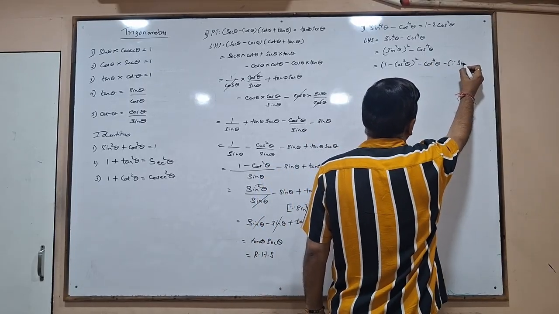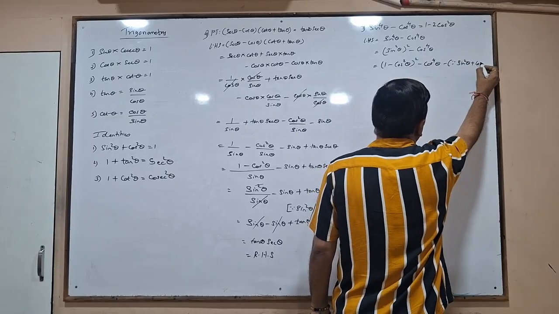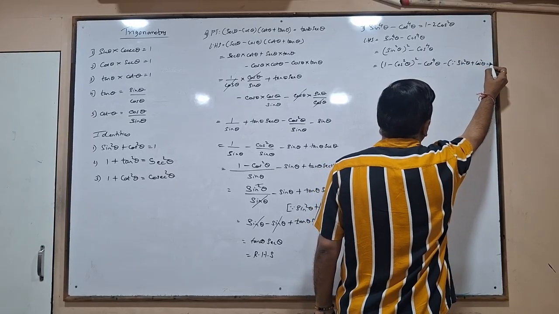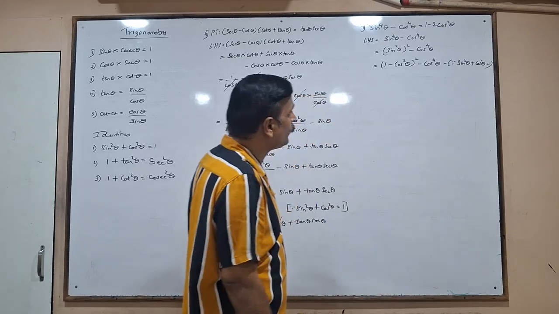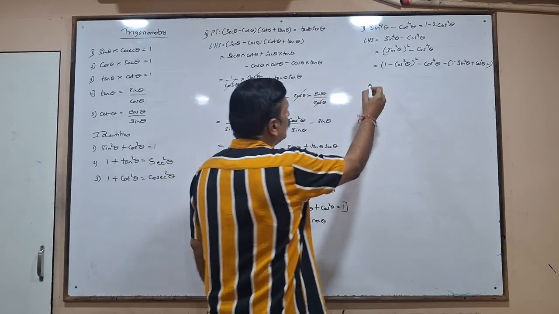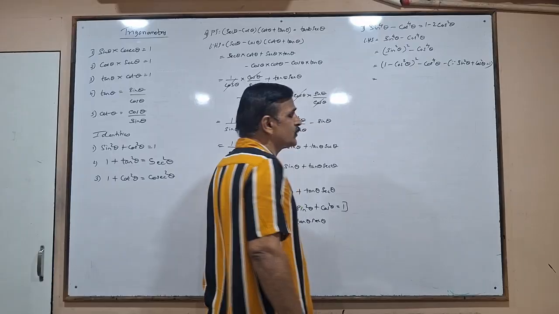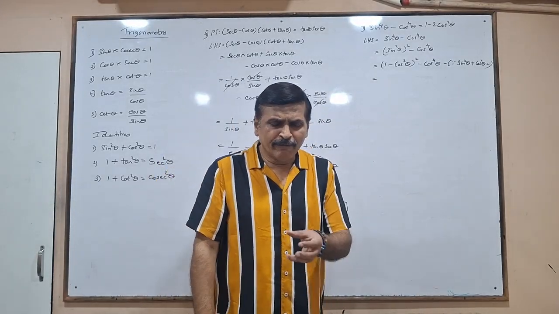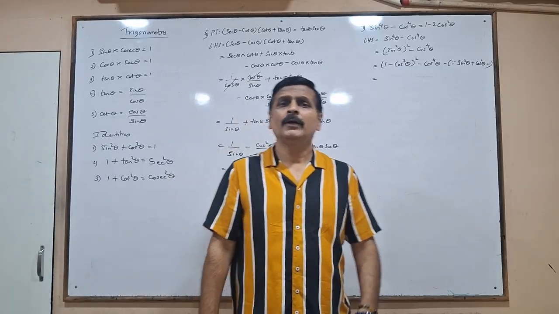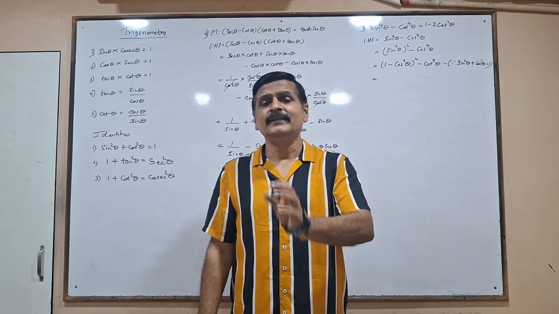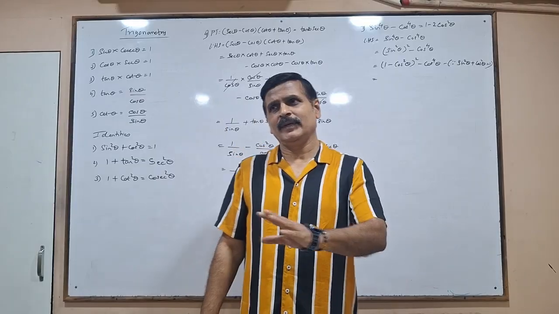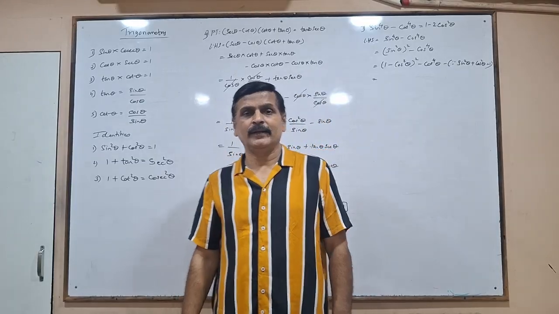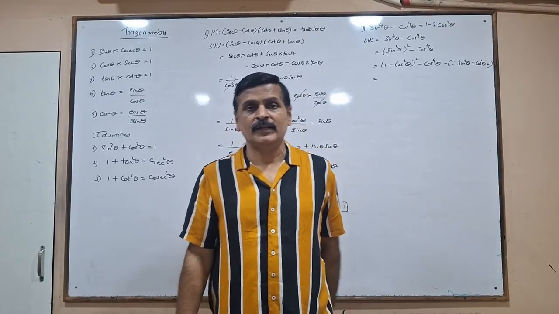The identity used is sin square theta plus cos square theta is equal to 1. Minus cos square theta the whole square. It is of which form? Now in few problems of trigonometry, the identities which you have studied in 8th standard, chapter number 8, chapter identities in 8th standard there was.